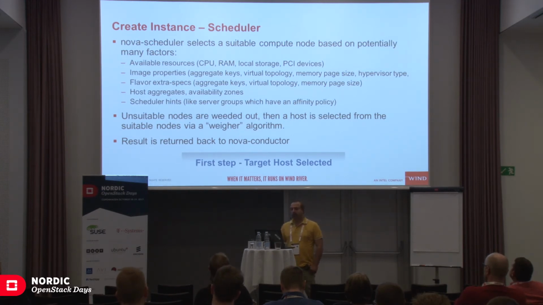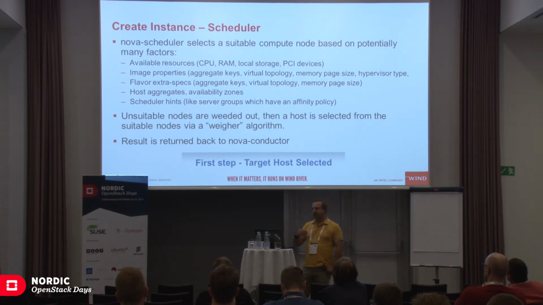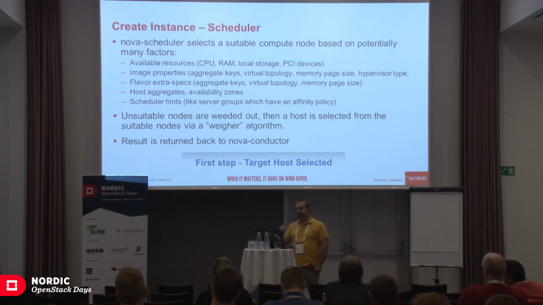So what the Nova scheduler does is check the resources available for each of the available compute nodes. You're going to check the CPU, RAM, storage you need, the ephemeral storage or whatever you need, and you're going to check your requirements, for instance, in the image properties or flavor extra specs that you use to specify the resources you need.